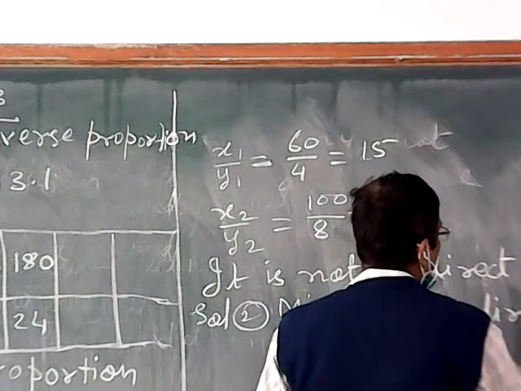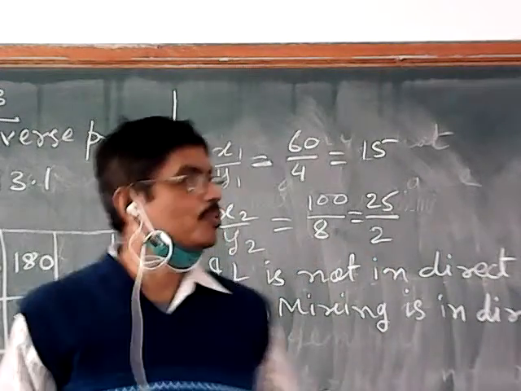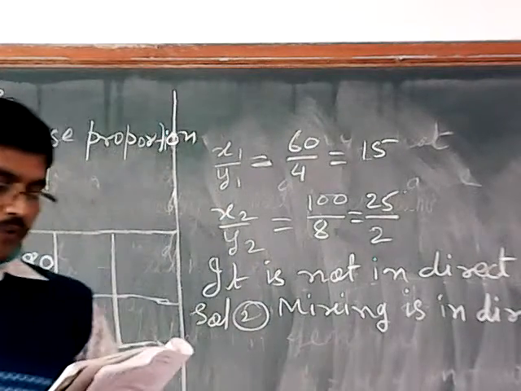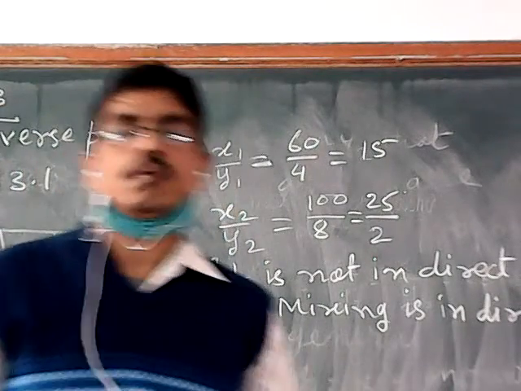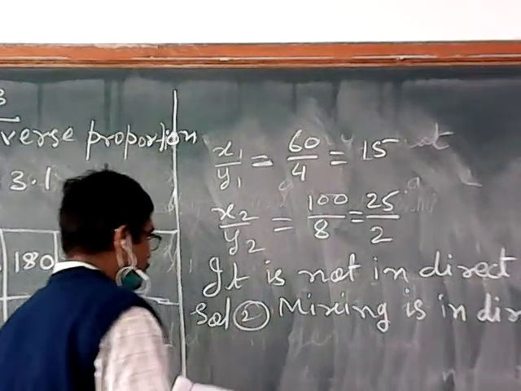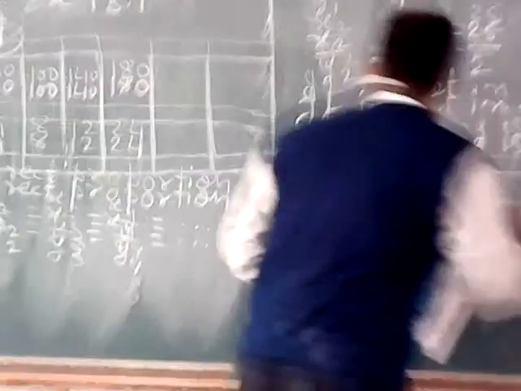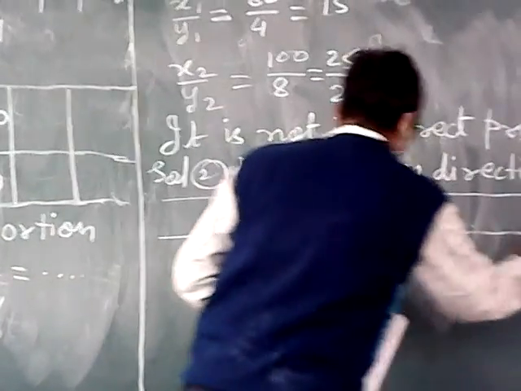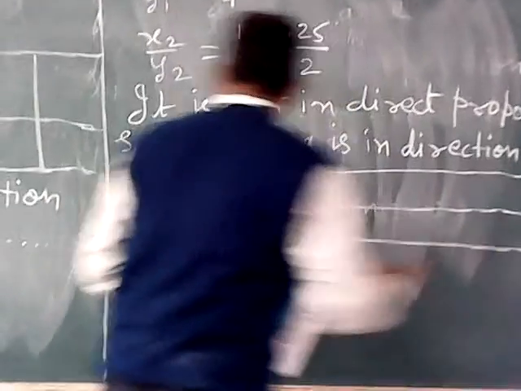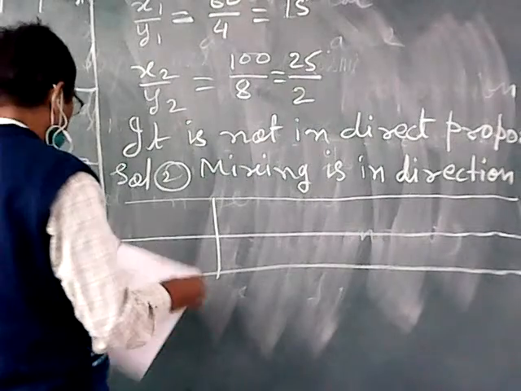The meaning of the question: mixing is in direct proportion because it is said that one part of red pigment with 8 parts of base. So it is direct proportion. Now we will put it in the table, part of red pigment.